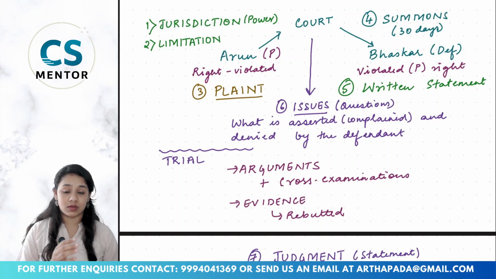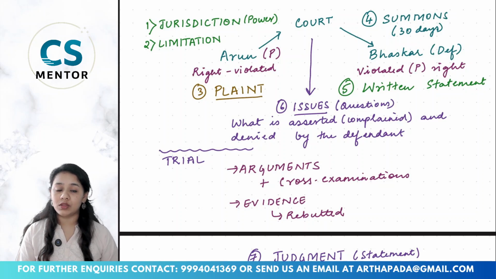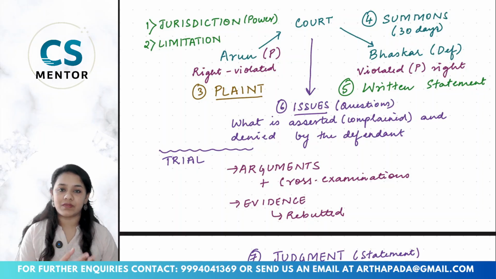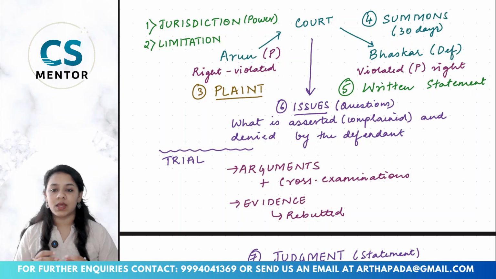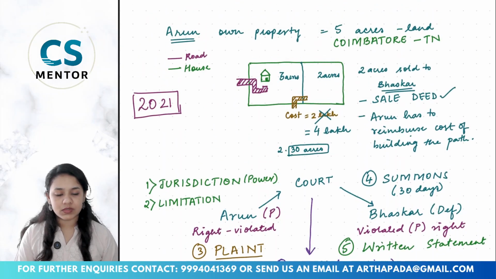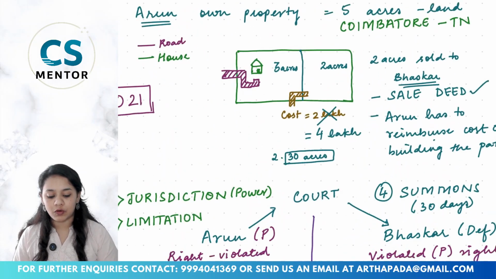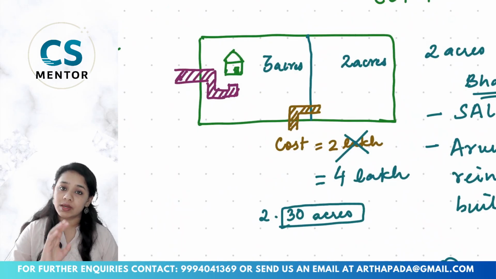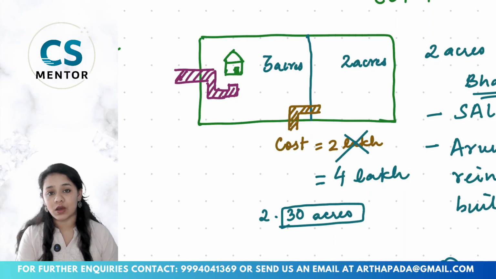So that's either 1 month or even 3 months which has gone by. And by the time the court raises issues and then there are hearings, the evidence is given, and all of this, a minimum of 6 months goes by. Don't you think 6 months is more than enough time for Bhaskar to finish constructing this entire road, and starting construction of his house also, and everything will get done?